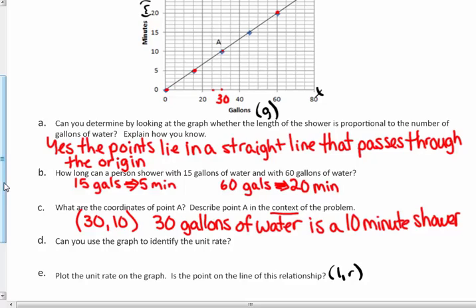Can you use the graph to identify the unit rate? Well, yes. We've got to find the unit rate. The unit rate is on the graph, since it is proportional.